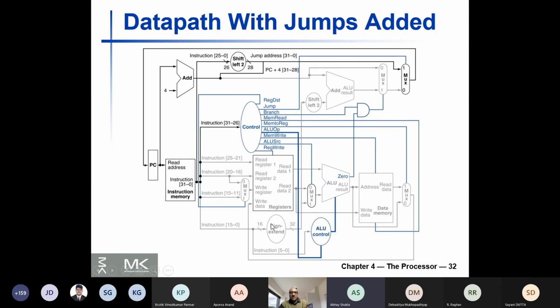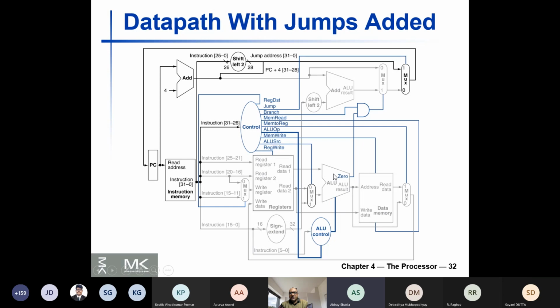So what happens here is that, for example, in the case of a jump instruction, the activity is very small. You just need to fetch the instruction, prepare the address, and then feed that to the PC. There is nothing else to do. Whereas in the case of a load instruction, we had to fetch, then decode, and then the register operands have to be fetched.